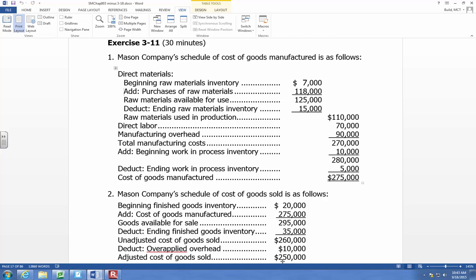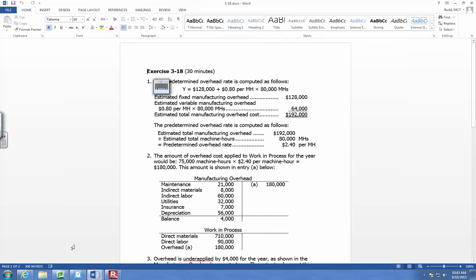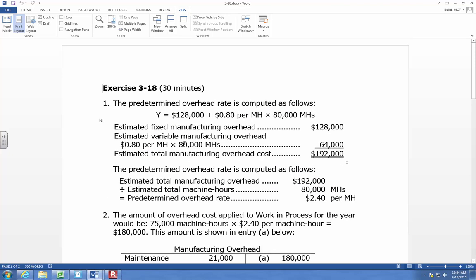Okay, no thank you. Jessica? So I have 128,000 plus 80,000 times 0.80, which gave me 192,000 estimated manufacturing overhead. Good. The total line, y equals b plus mx, right?